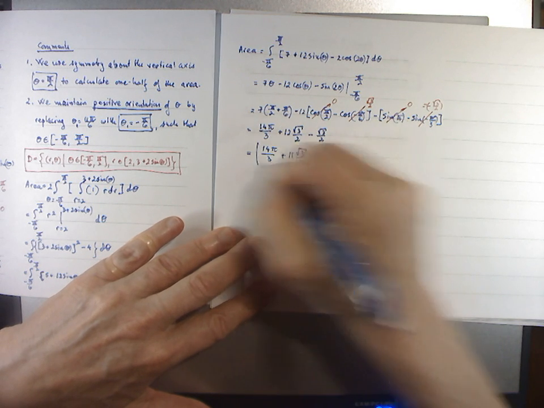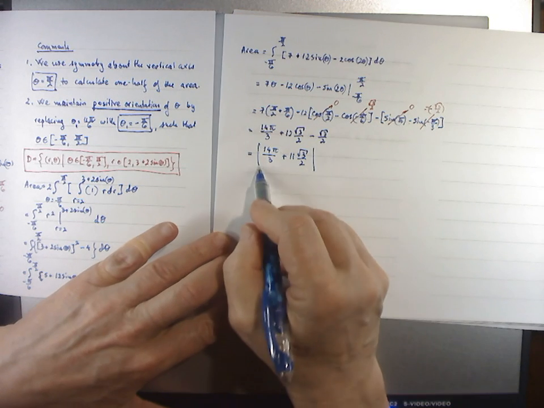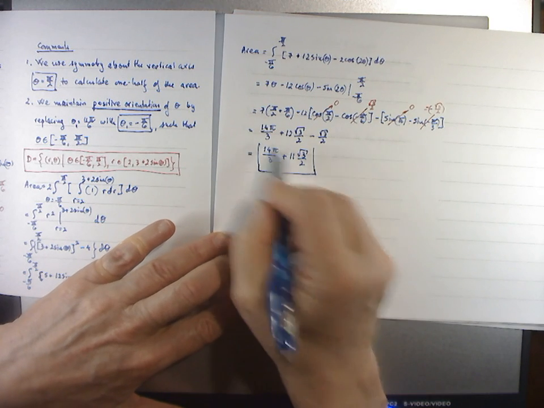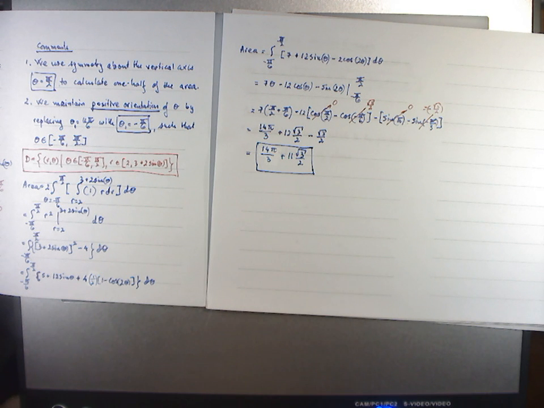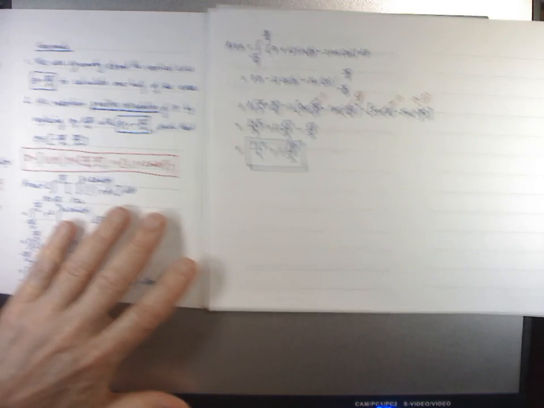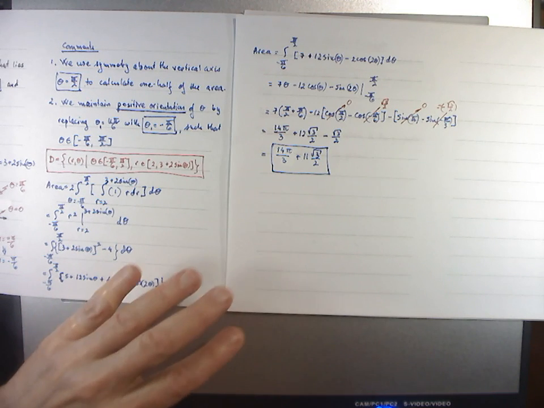And this is the area. Remember, you already multiplied the 1/2 by 2 earlier in the integration. And there it is. It took me much longer than I thought, but that's one of the reasons I couldn't do it in class, because this takes quite a long time.